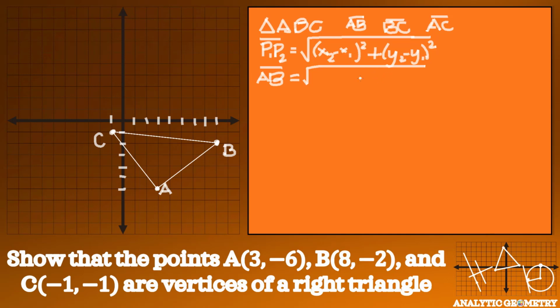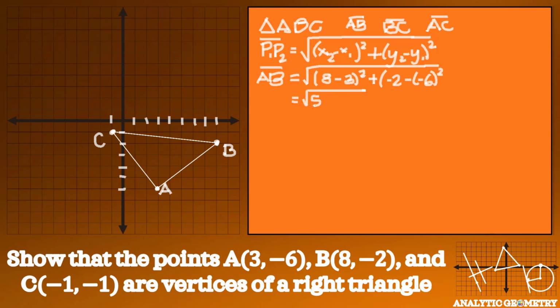Again, we're going to pick point B as our second point, hence our x sub 2 is equal to 8, minus our x sub 1, which is 3. You square that. Next, our y sub 2 is -2 minus our y sub 1, which is -6. You square that as well. Hence, you will have here the result.